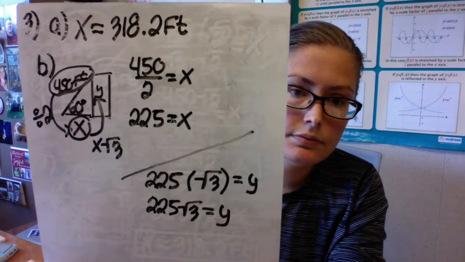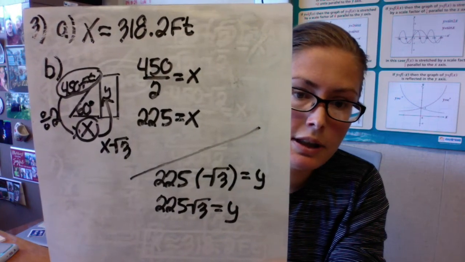So 225 radical 3 is equal to y. And we're going to put that into decimals. So y is approximately 389.17 feet.